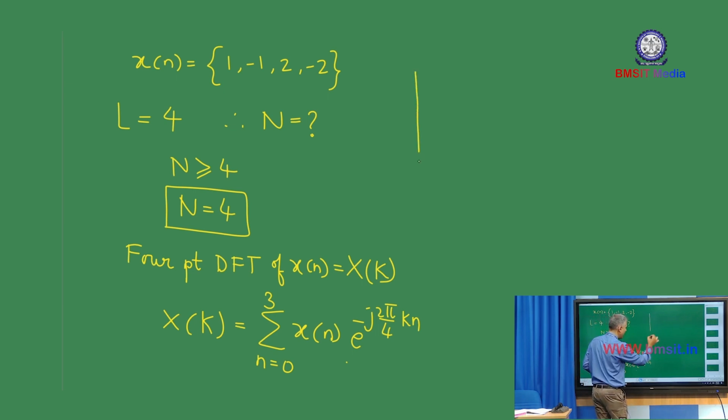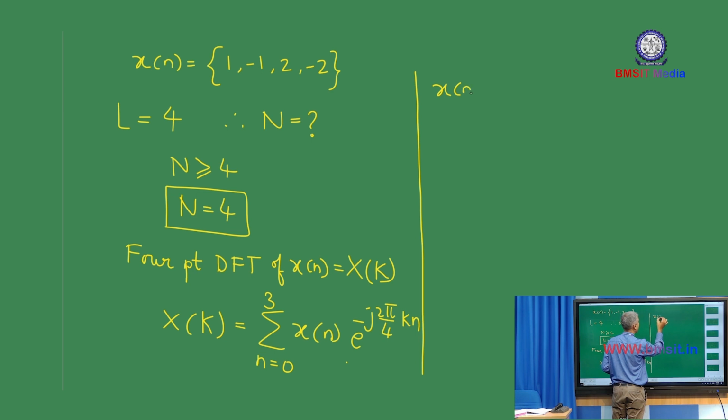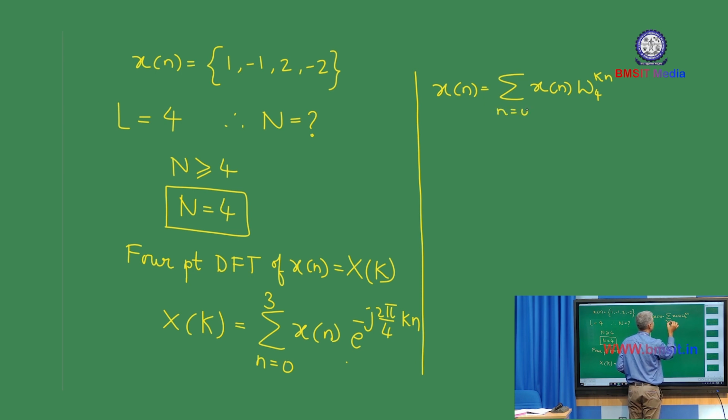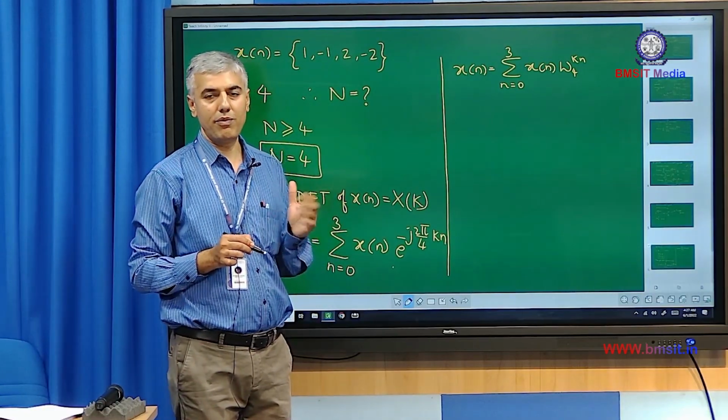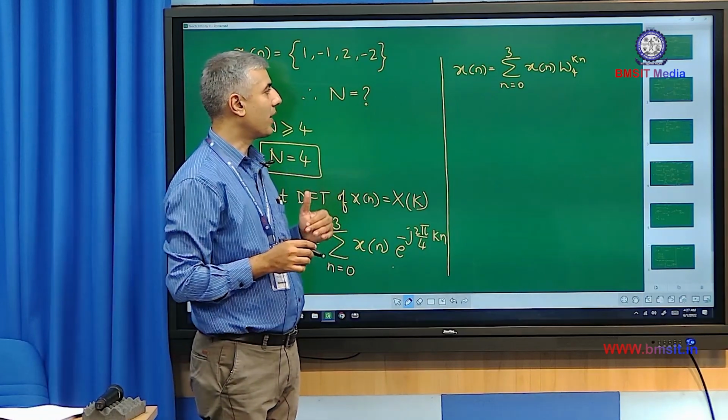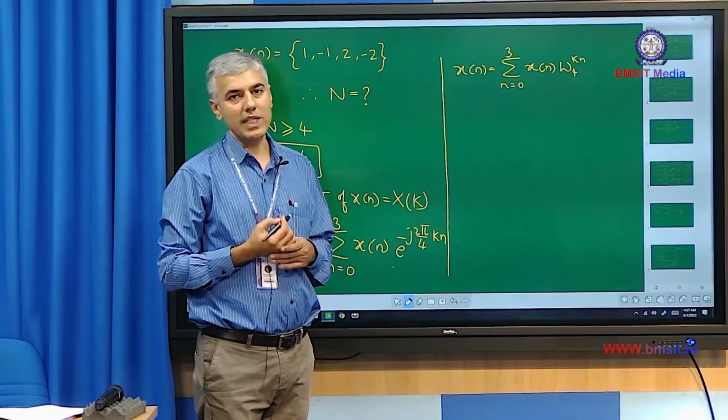This can also be represented as x of k equal to summation x of n W4 raised to kn, n equal to 0 to N minus 1. Since I have considered capital N equal to 4, N minus 1 is 3.